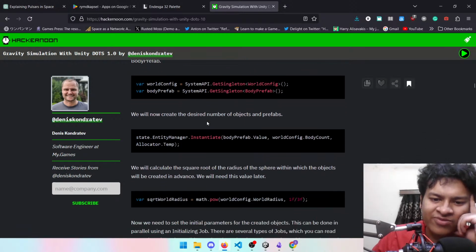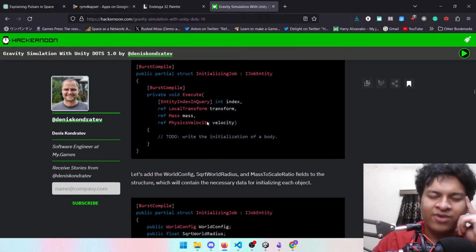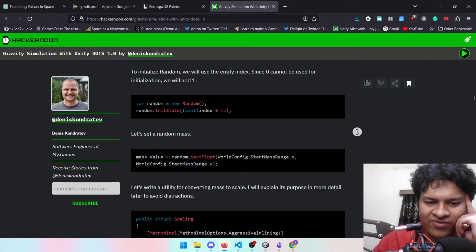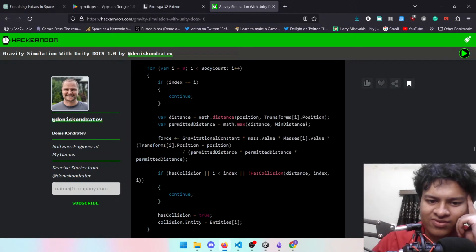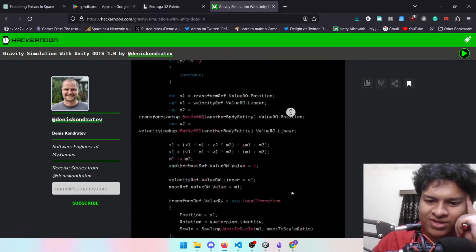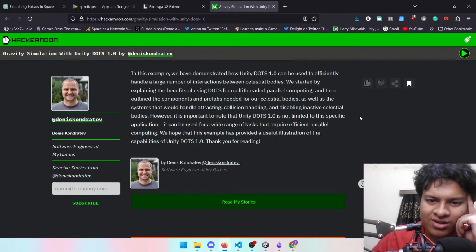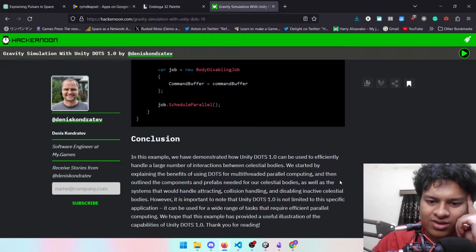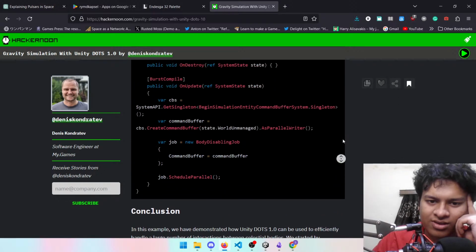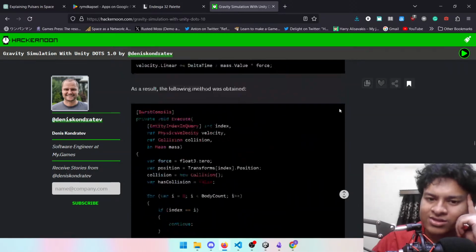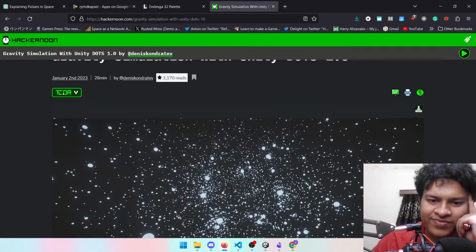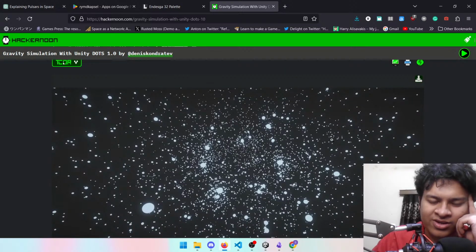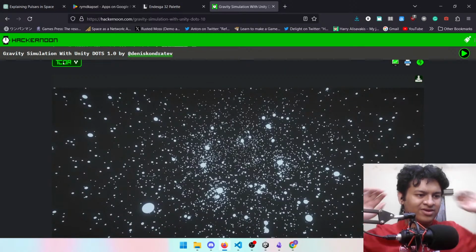But this should definitely be possible with the normal rigid body system as well, right? This is just gonna be way more performant. And there's lots on this whole page. I'll go through with this. Maybe this is my gateway to DOTS. It's definitely gonna be impressive.